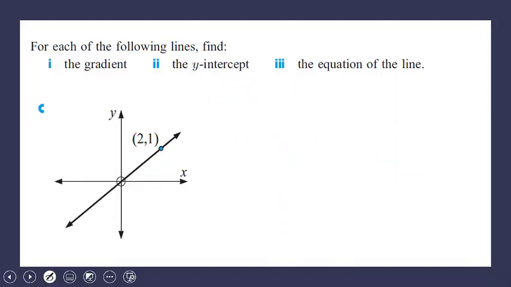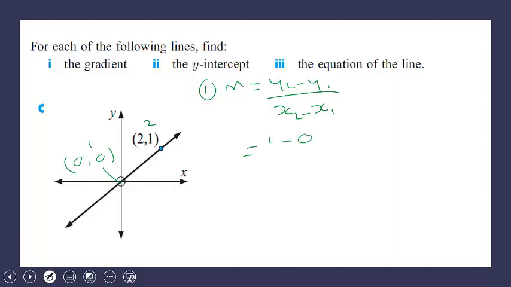Question C. Gradient. M equals y2 minus y1 over x2 minus x1. They don't give us 2 points, but we know the origin is going to be 0, 0. So this is point 1, this is point 2. So we're going to say it's 1 minus 0 over 2 minus 0.